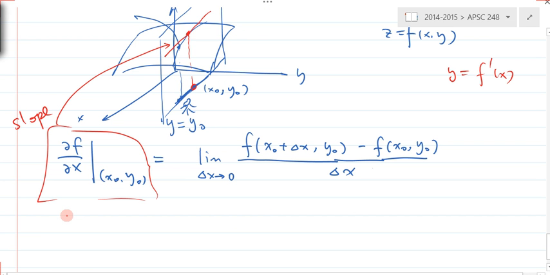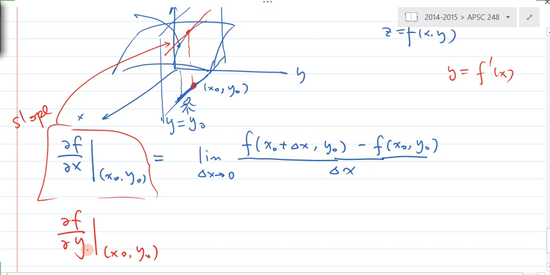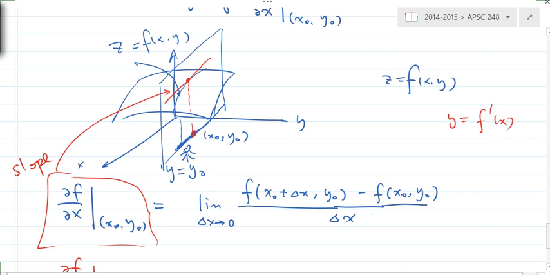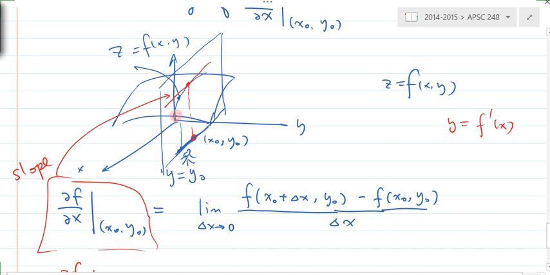Similarly, you can think of the partial derivative with respect to y. Can you draw what slope this one represents? It's the slope for a certain curve, and that curve has to be the intersection between which plane? See, this is the slope for this curve at this point.